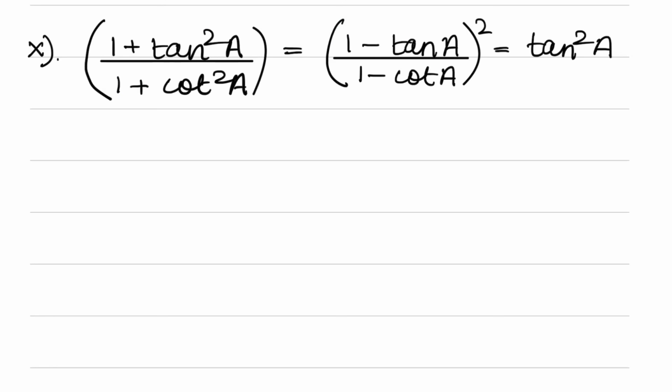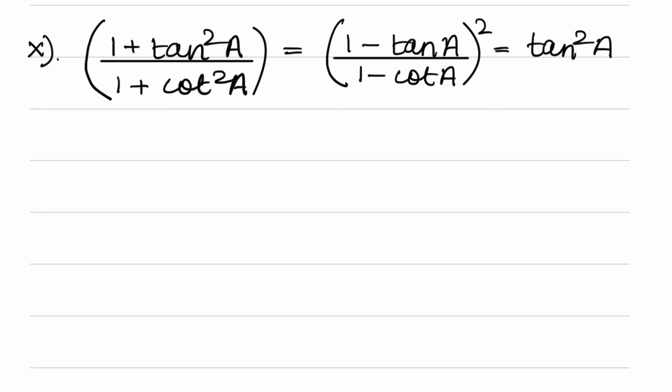Tenth part, we have (1 plus tan square A) divided by (1 plus cot square A) is equal to ((1 minus tan A) divided by (1 minus cot A)) whole square is equal to tan square A. So let's solve these.